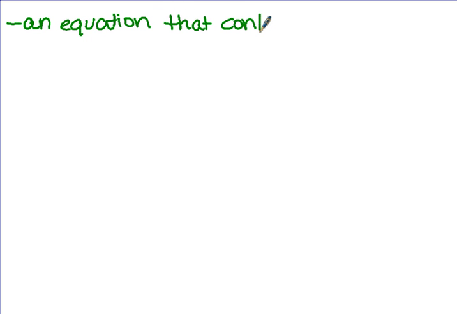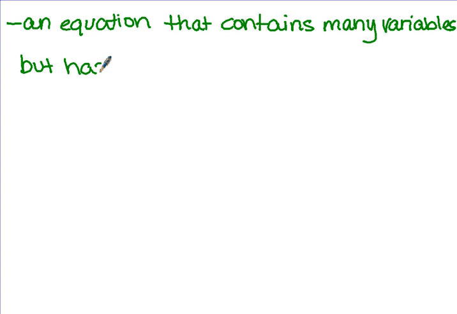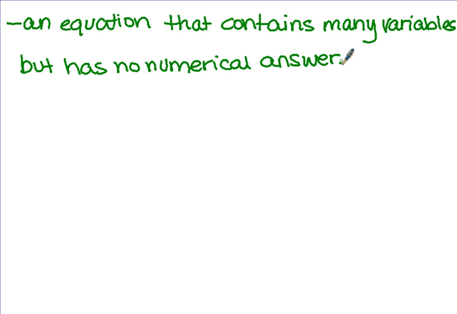An advanced abstract equation is an equation that contains many variables but has no numerical answer, no numerical values.